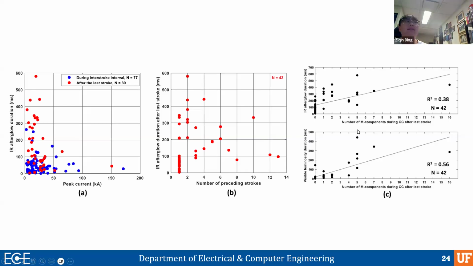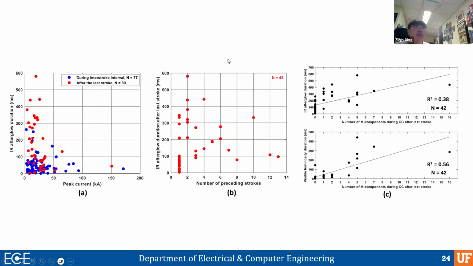We also looked at the number of M components during the continuing current after the last stroke, to see if the incidence of M components, which introduce more current into the channel and heat it up, will induce a longer infrared afterglow duration. Afterglow duration means how long it persists after the return stroke.